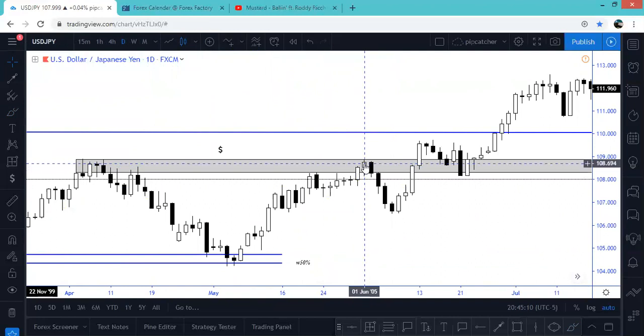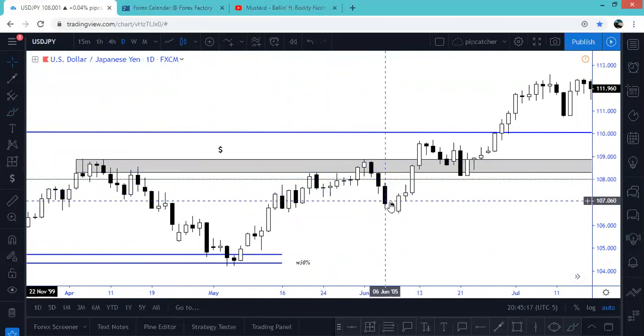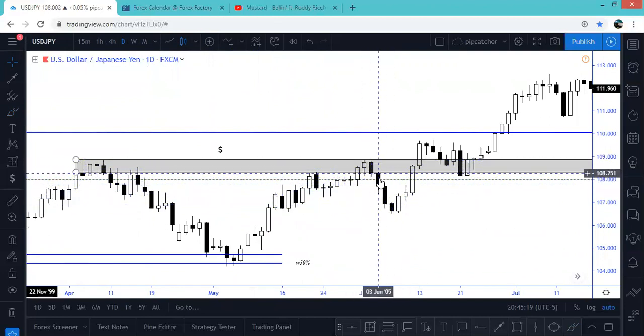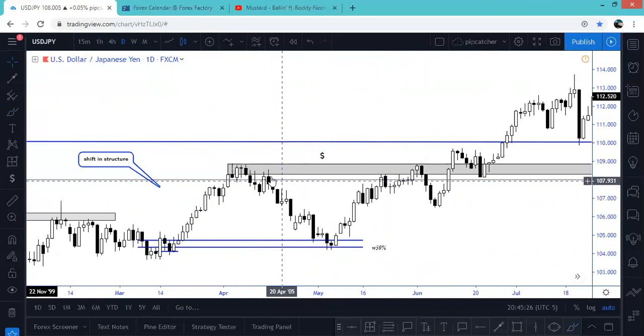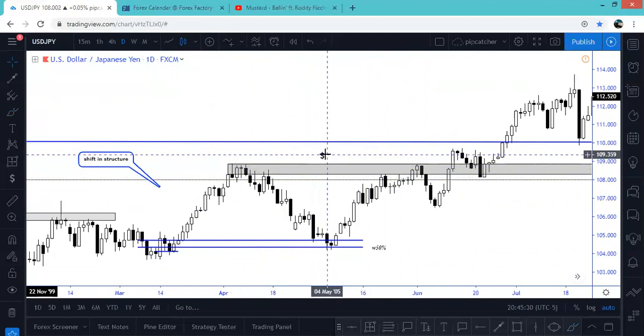Price aggressively moves up, takes them out, goes in the direction that they actually wanted it to go in the first place, making them hate themselves. And then it breaks through all the liquidity that's sitting right here.